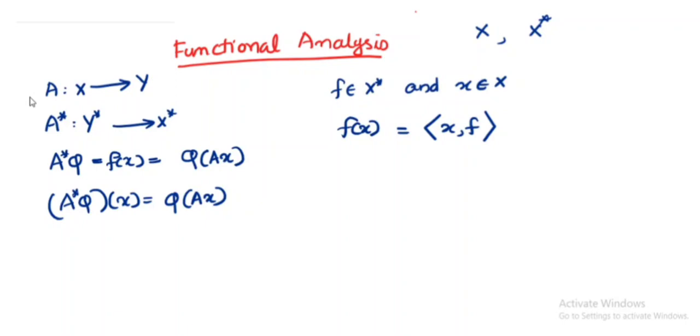I don't know what we call this bracket notation. It is equal to f of x. This is not an inner product; this is just notation.